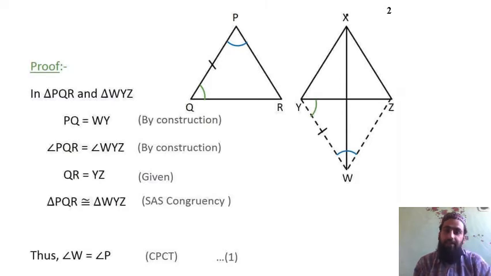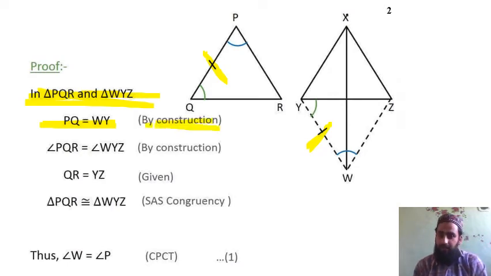In triangles PQR and WYZ, PQ is equal to WY. This side PQ and this side WY are equal to each other, and this is by construction. Similarly, this angle PQR and this angle WYZ I said should be equal.